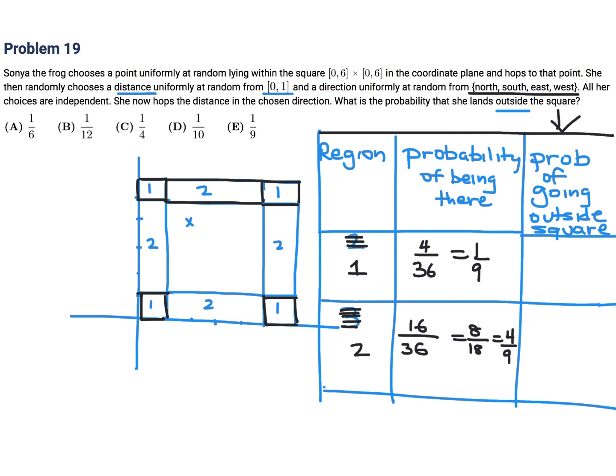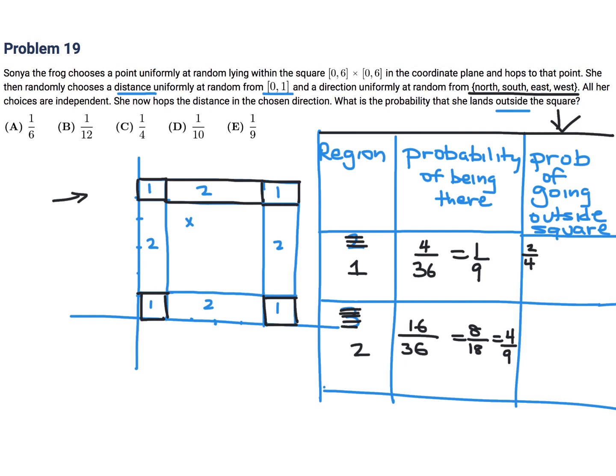Well, in this first box here, if you go up or if you go west. So of the 4 directions, you got only two choices. There's 4 directions, north, south, east, west, but you can only go outside of the box if you go north or west.